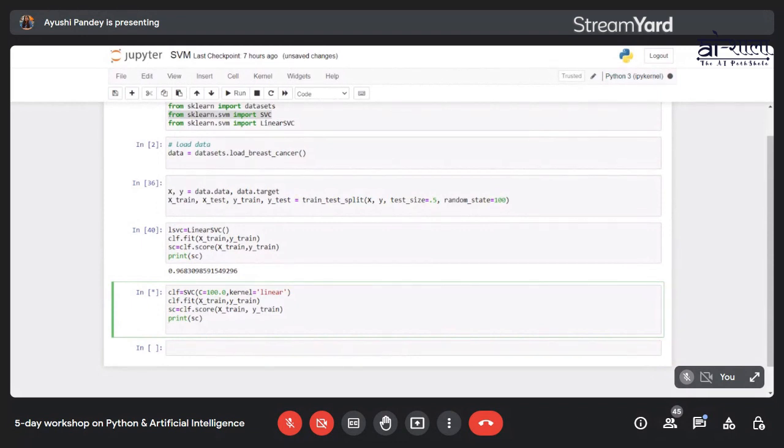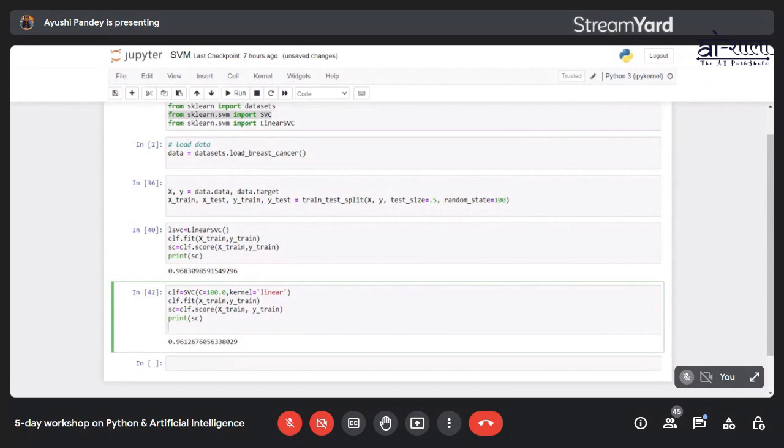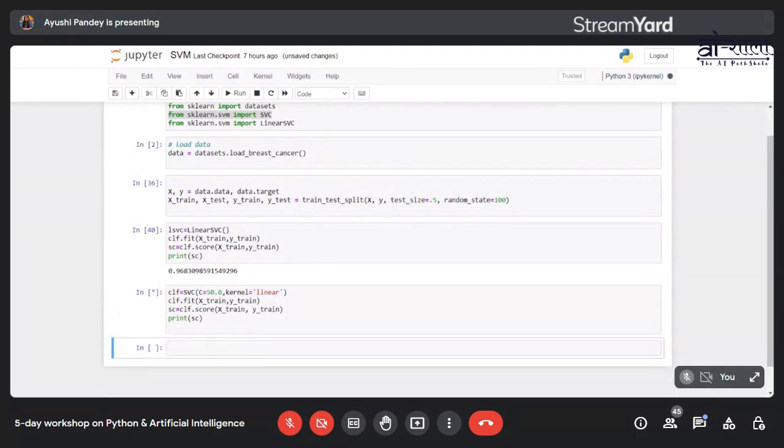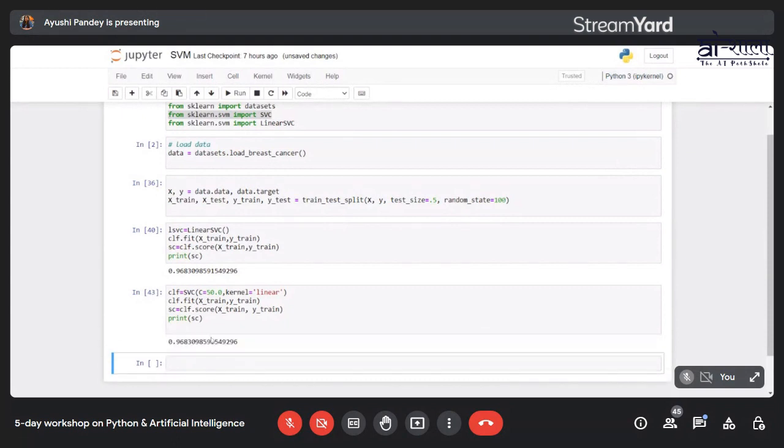So you'll have to retrain your model again and again. So it has decreased. Now you can see when I reached 100, it has decreased. Now you're like, okay, so the accuracy is between 30 and 100. So I'm taking it as 50. So it's the same.